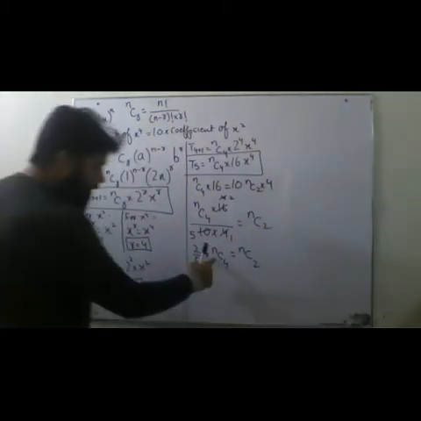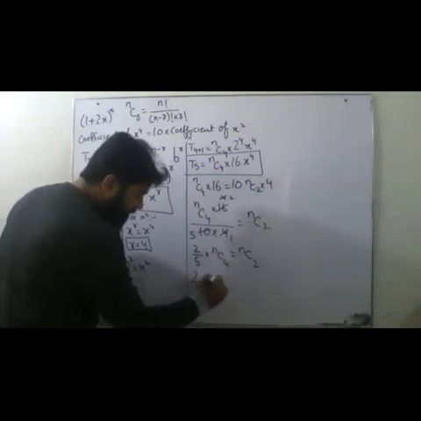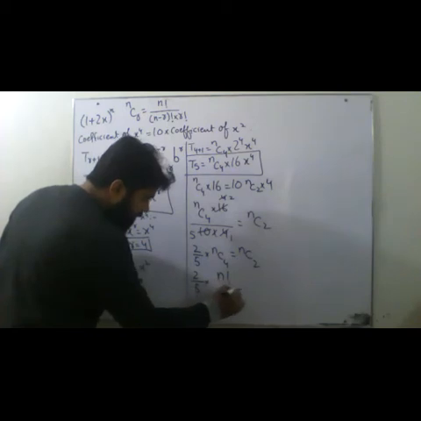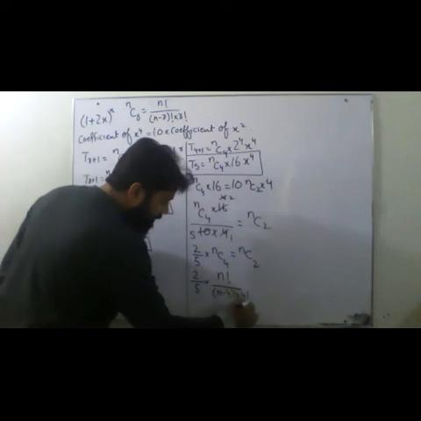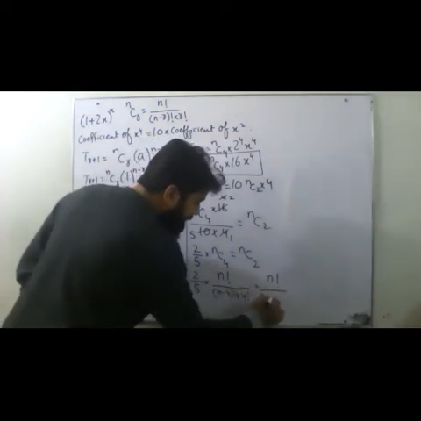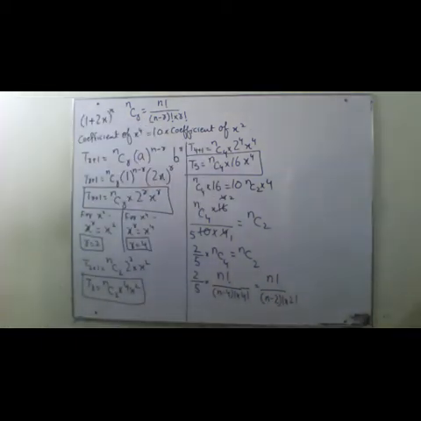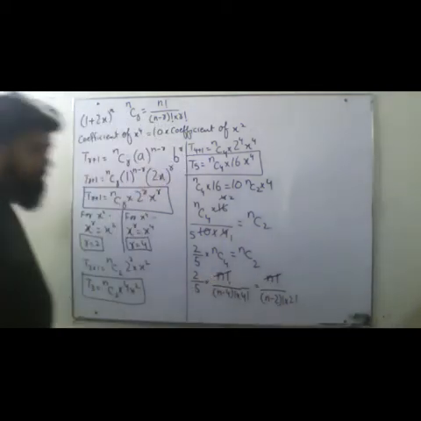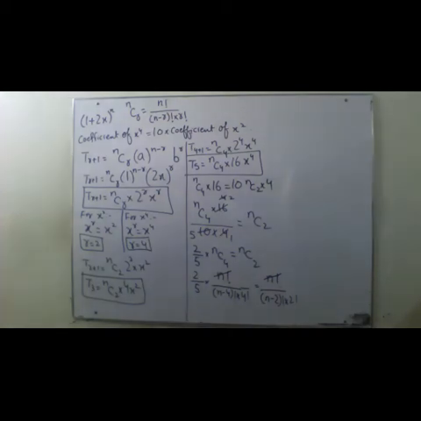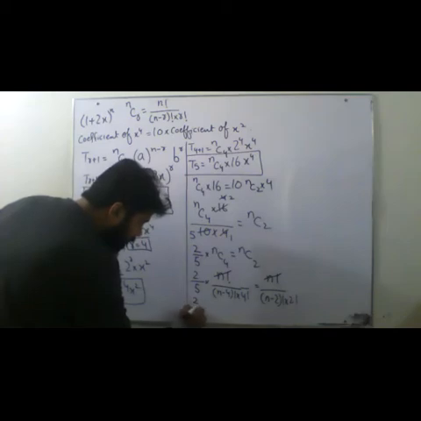Okay, so same formula I am going to apply over here. 2 over 5 will remain as it is. nC4 means n factorial over (n minus 4) factorial into 4 factorial equals n factorial over (n minus 2) factorial into 2 factorial. Okay, everything is clear. Now n factorial and n factorial will be cancelled, right? What will be remaining over here? 2 over 5.